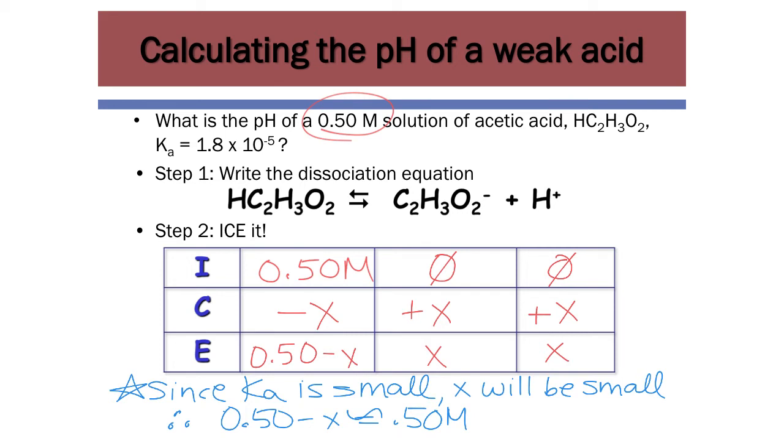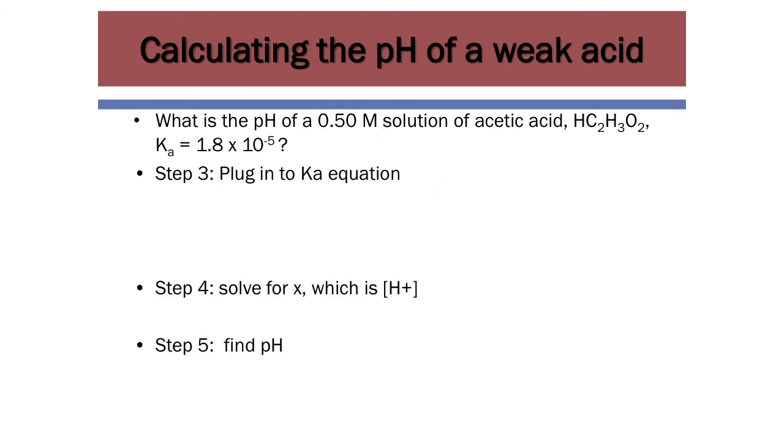So we can do that simplification. All right, on the next slide, we are just going to plug these values into our K expression, solve for x, which would be equal to the hydrogen ion. And then once we have that, we can find the pH. All right, so now we would want to write our K expression.